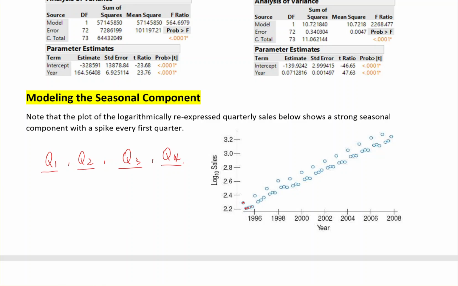Can this remind you of something? We have a categorical variable now, right? We have the 4 levels in this seasonal variable, so if you want to model this seasonal component, you need to consider it a categorical variable.